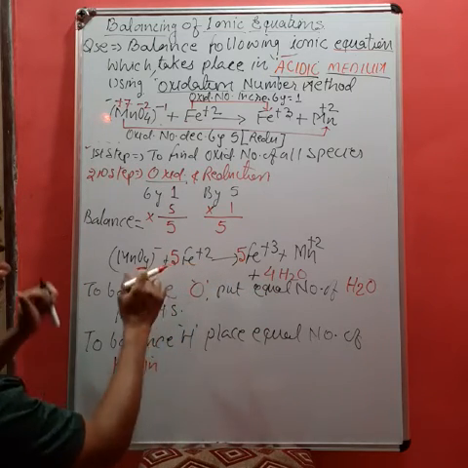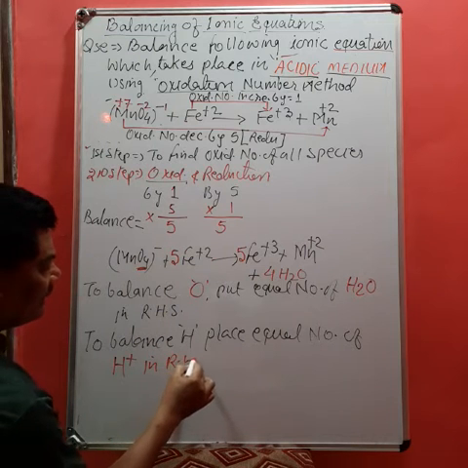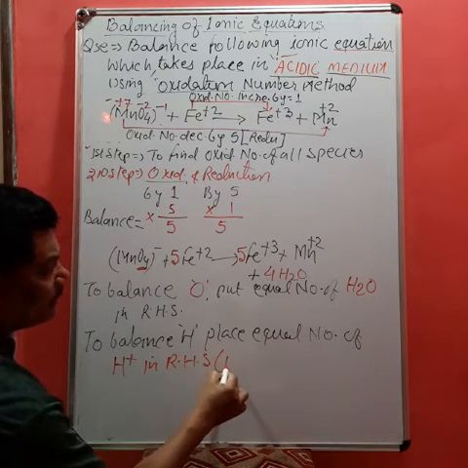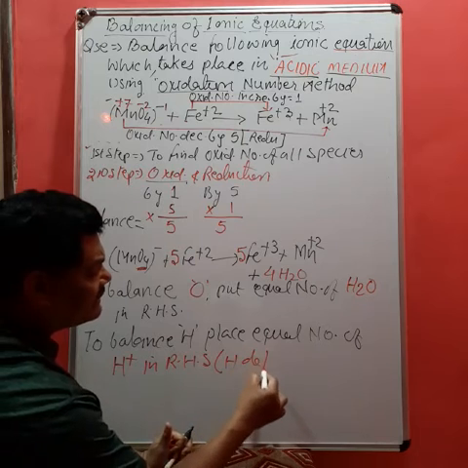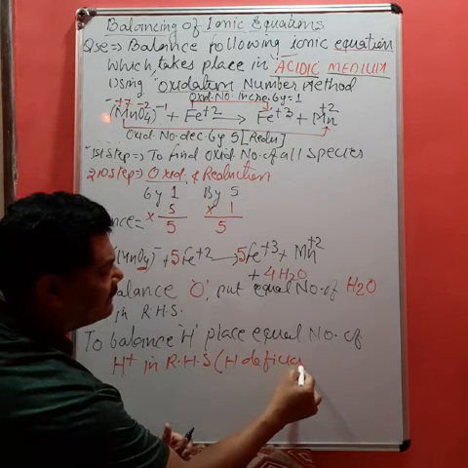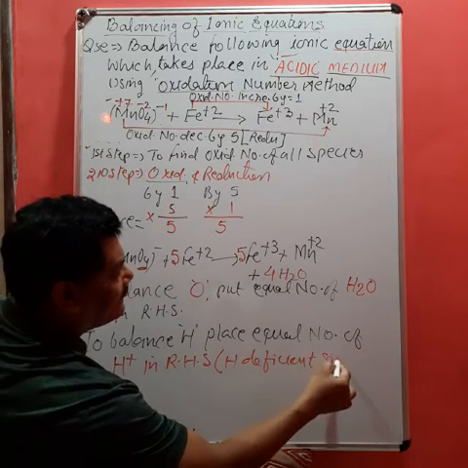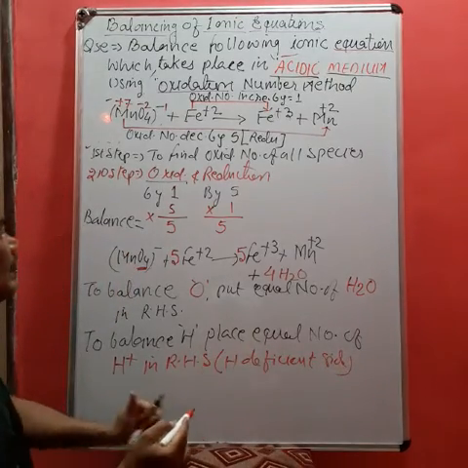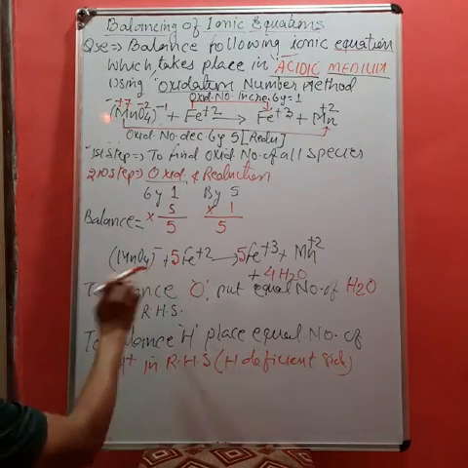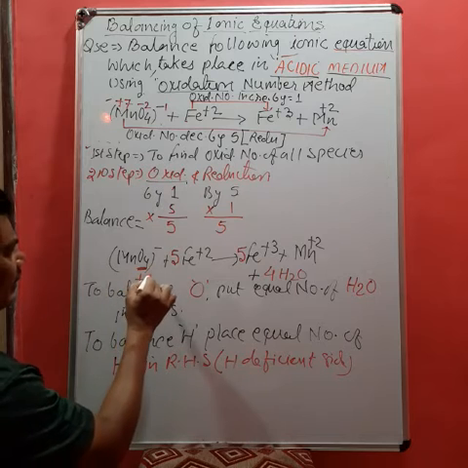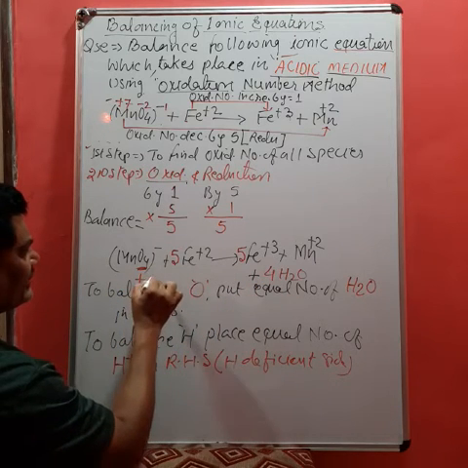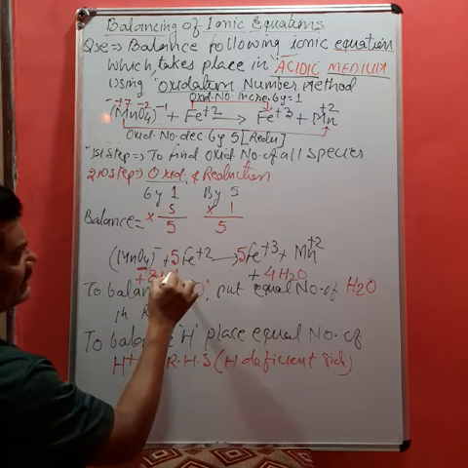It is deficient on the left side, so simply it is called the H deficient side. So I can put here 4 times 2, so 8 H cations.